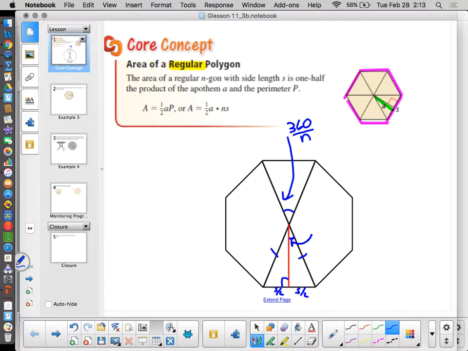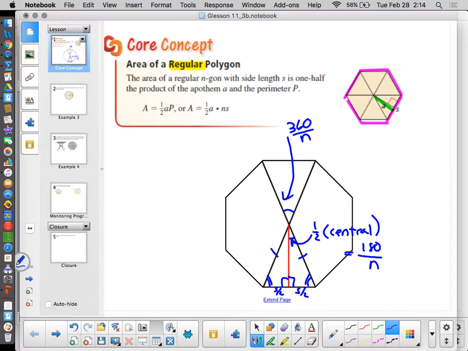So this angle is half of a central angle. And we didn't talk about a formula for that, but honestly, if we take 1/2 of my formula, we could get the formula 180 divided by the number of sides. So that's this angle. And if this angle is 90, we can quickly find this angle as well.